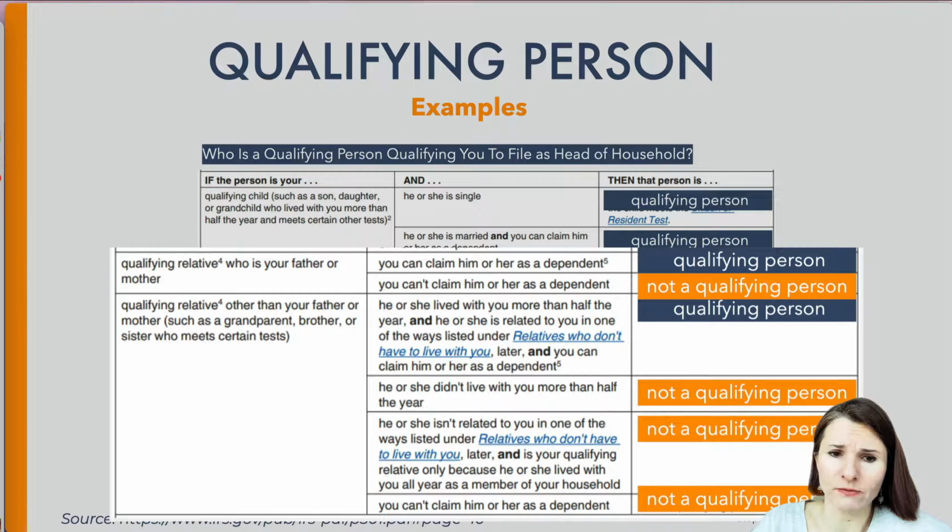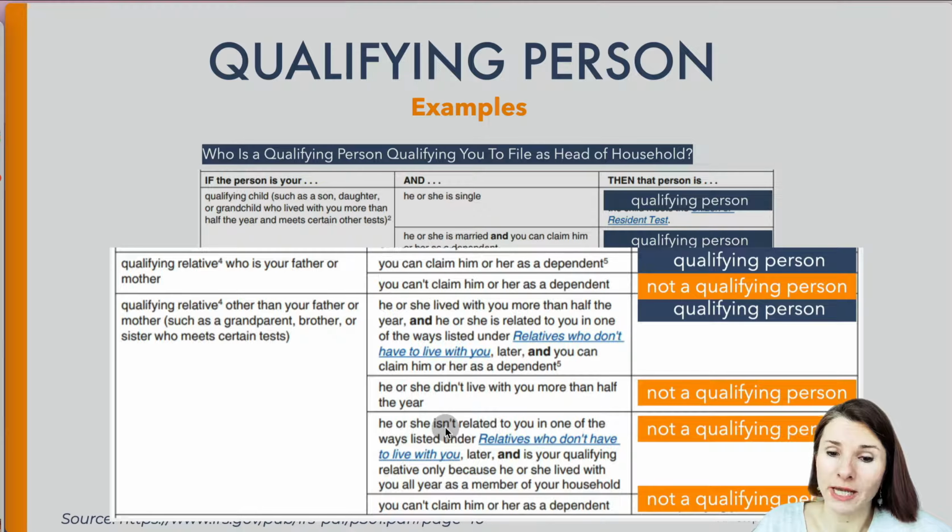So if it's a relative other than your child, such as grandparents, brother or sister, who meet certain tests, and she or he lived with you more than half the year and is related to you, then they could be a qualifying person. If they didn't live with you more than half a year, they're not a qualifying person because they don't fulfill that requirement.